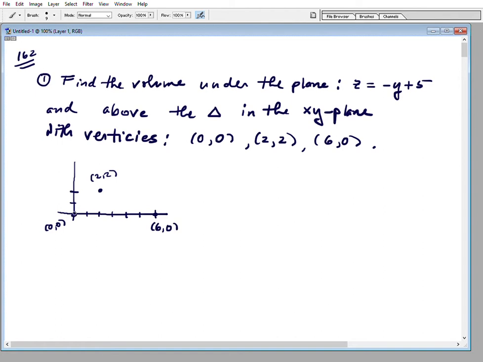So here's our triangle. Maybe I'll do it in another color. Okay, so that's the triangle in the xy plane.